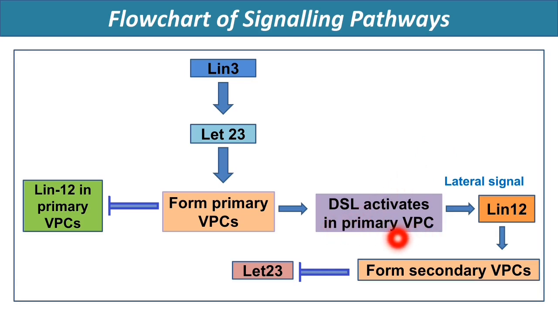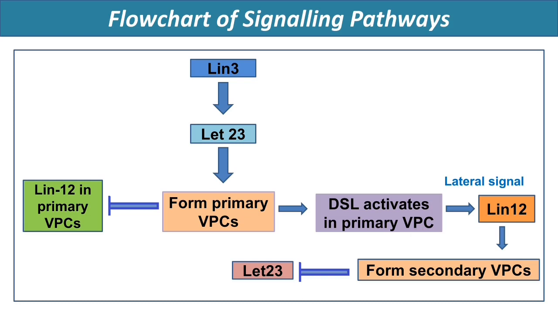Because secondary VPCs inhibit the LET-23 receptor, they are not able to receive a high amount of Lin-3 protein and hence convert themselves into lateral vulva cells. Again, due to lateral inhibition by the primary VPC with Lin-12, there is a development of secondary VPCs.